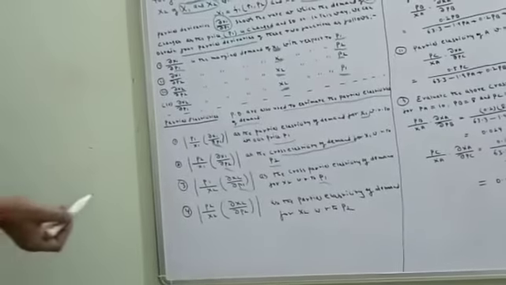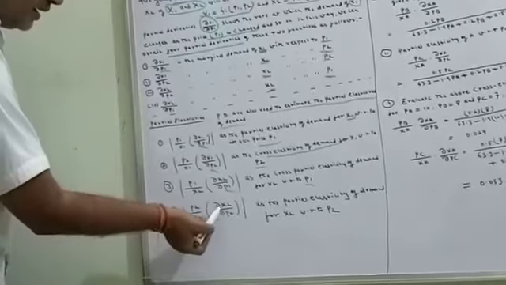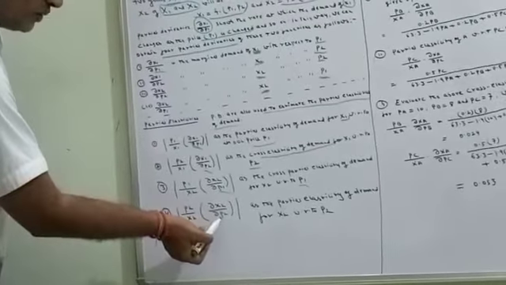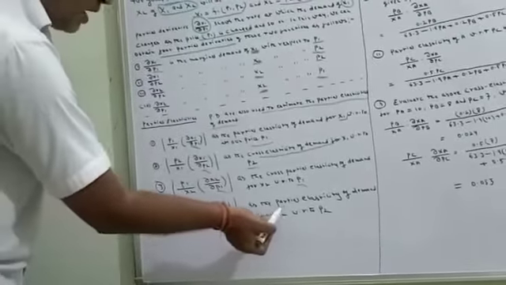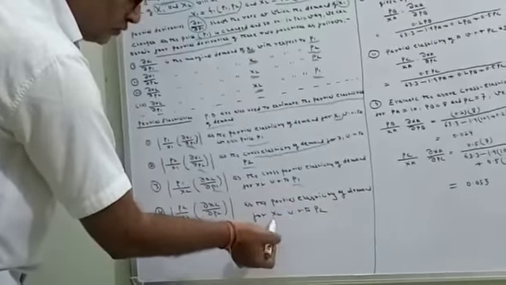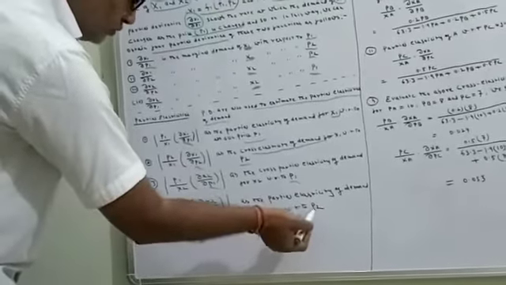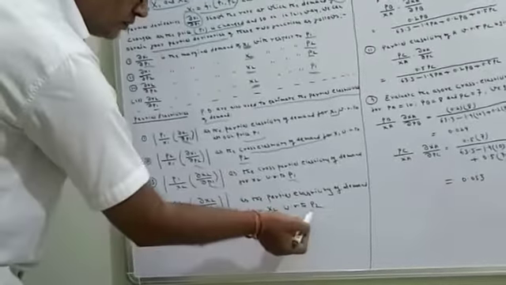And finally, p2 by x2 del x2 with respect to p2 is the partial elasticity of demand for x2 with respect to p2 here.